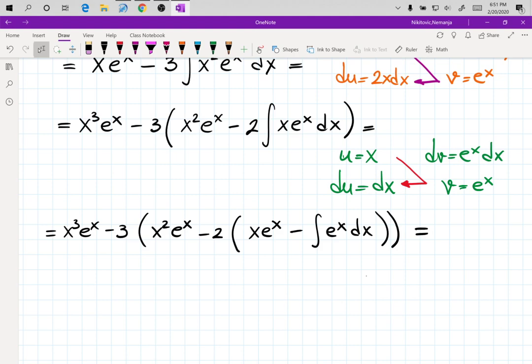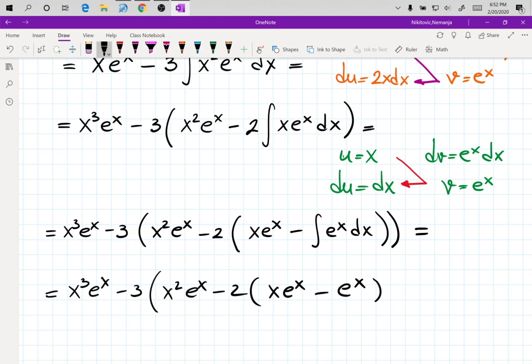So now I am going to work this out, and be very careful when you start distributing. Please don't start with this 3, because the 3 has to jump here and here, but not in these. So start working from inside out. x cubed e to the x minus 3, open parenthesis, x squared e to the x minus 2, open parenthesis, x e to the x minus e to the x.